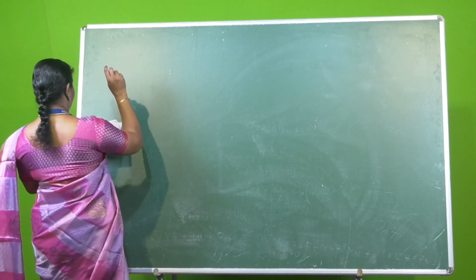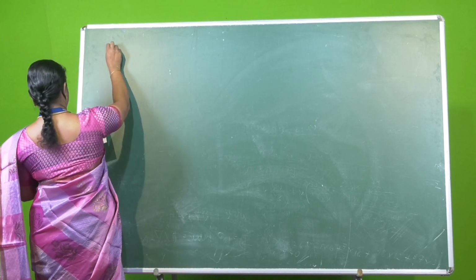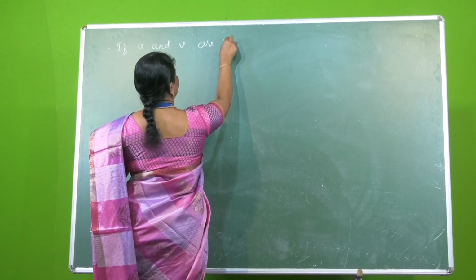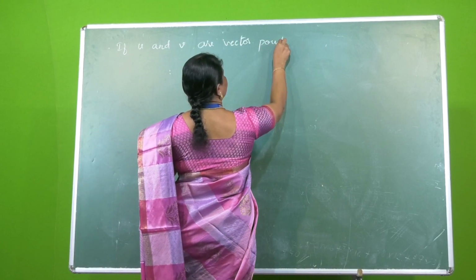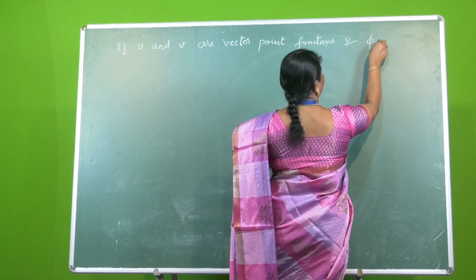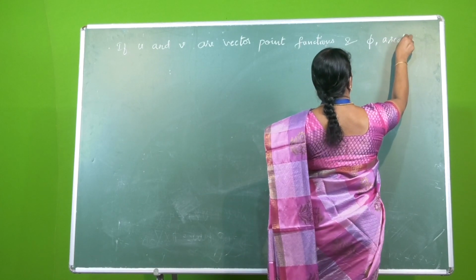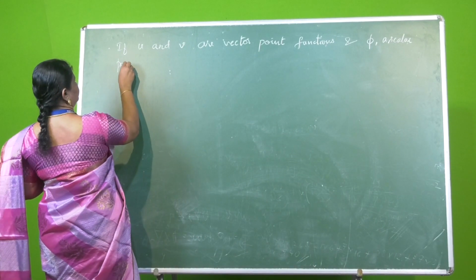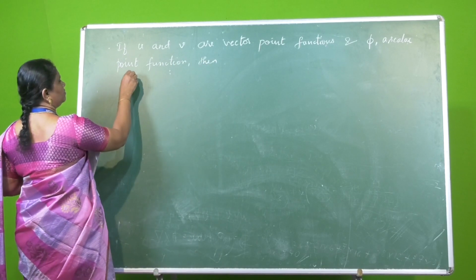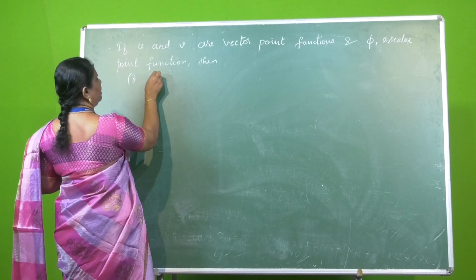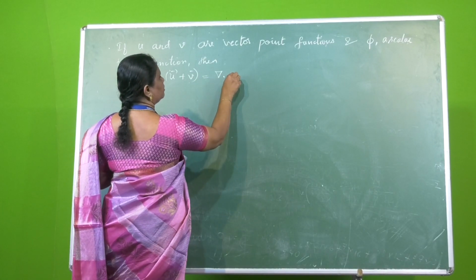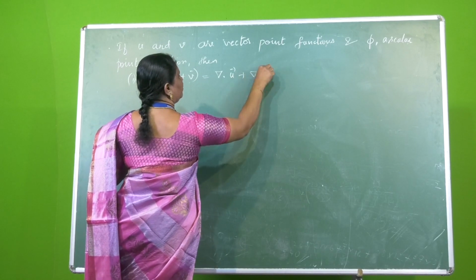So, next let us see the formulas involving the dot product. The second set of formulas: if u and v are vector point functions and phi a scalar point function, then we can prove del dot u vector plus v vector is equal to del dot u vector plus del dot v vector.